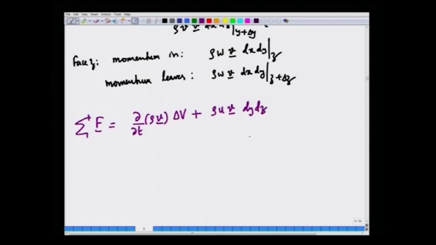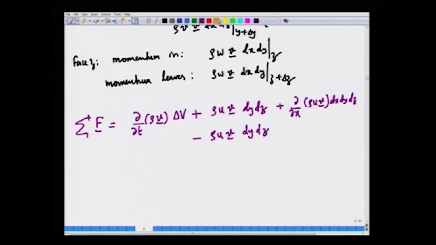This is the momentum that exits at face x plus delta x, plus d dx of rho u v dx dy dz, minus the momentum entry at x, which is simply rho u v dy dz.